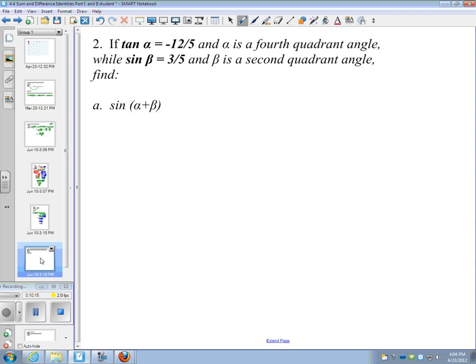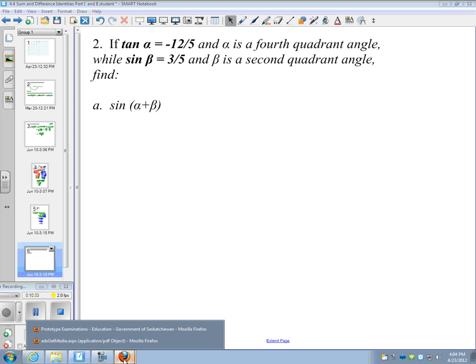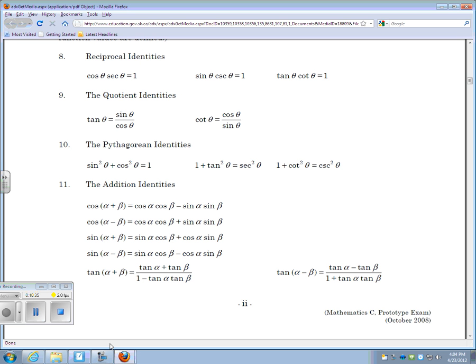Okay, here comes a more complicated one. If tangent of alpha equals negative 12/5 and alpha is in the fourth quadrant, and sine beta is 3/5 and beta is in the second quadrant, find sine of alpha plus beta. Okay, so sine of alpha plus beta is right here.